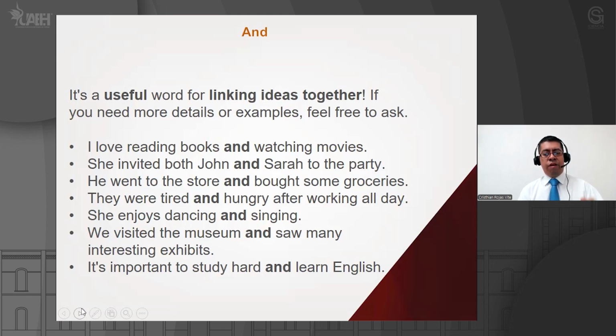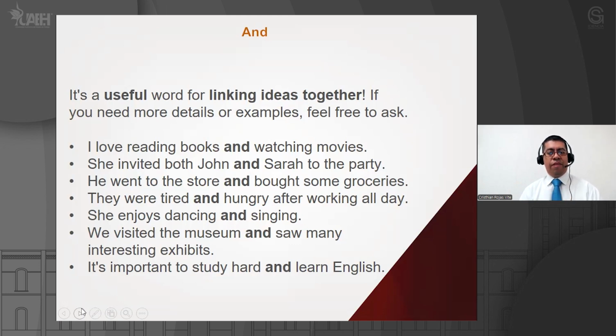So we have some examples right here in which we're using the conjunction and. I love reading books and watching movies. These are two of my favorite hobbies. So I can say, I love reading books and watching movies. For the second example, she invited both John and Sarah to the party.